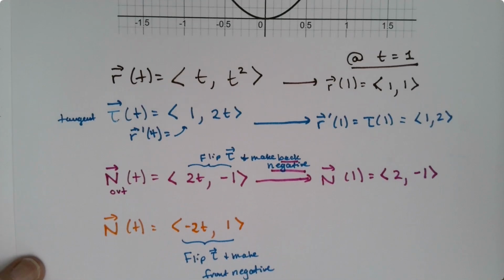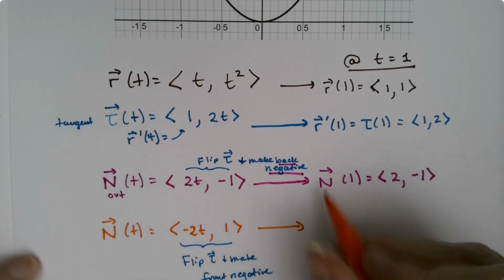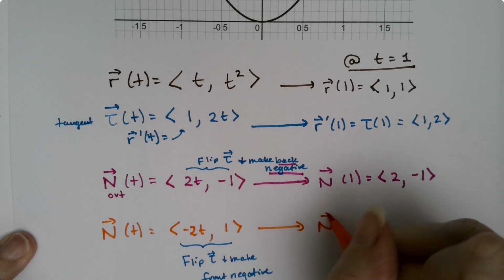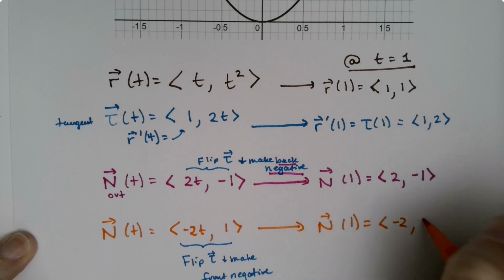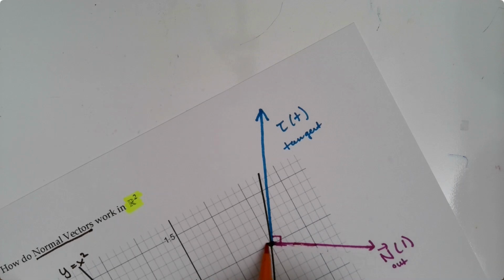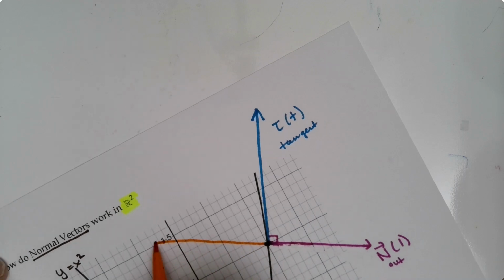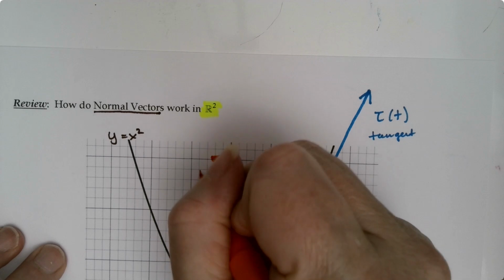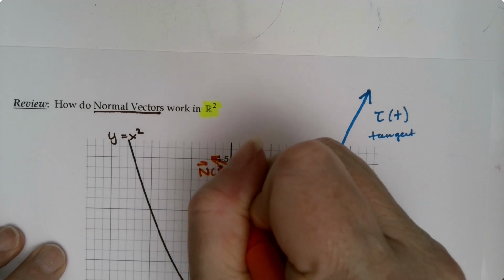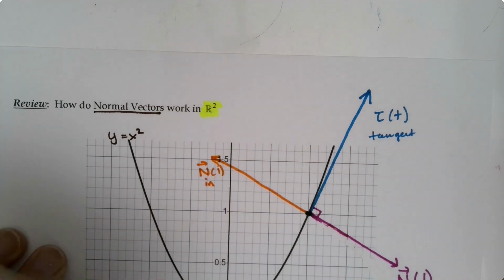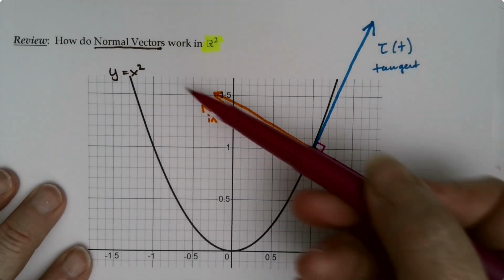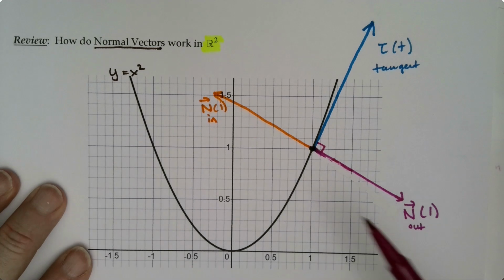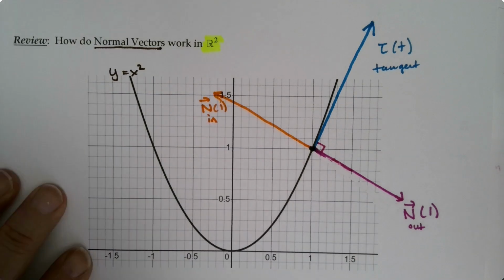As opposed to this other one, the n at 1 would be -2, +1, which is going in the exact opposite way. It's going like this. So this is the inner one, and this is the outer one. This one's pointing in towards the concavity, or convexity if you want to think of it that way, and this one's pointing outward.